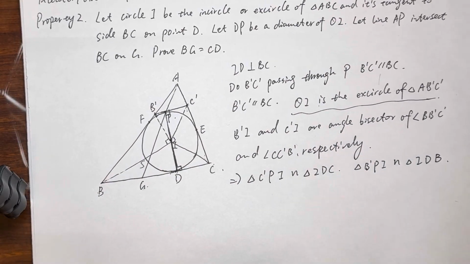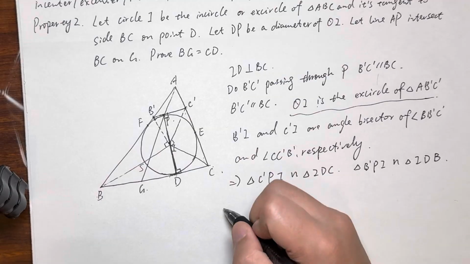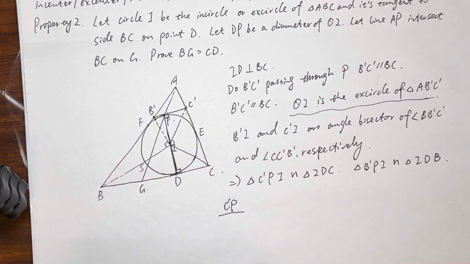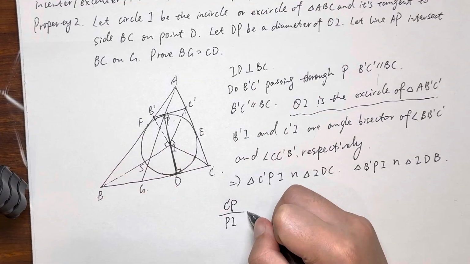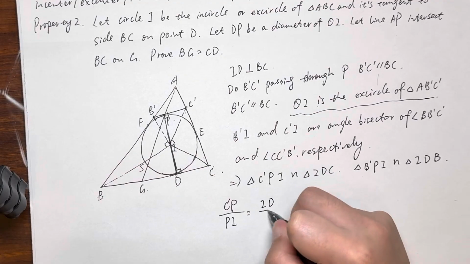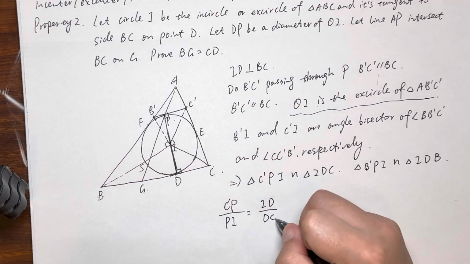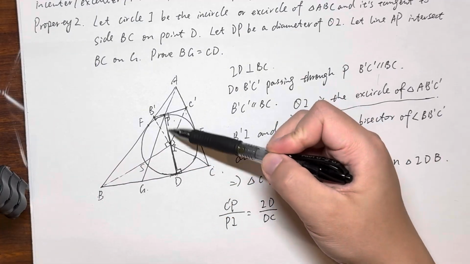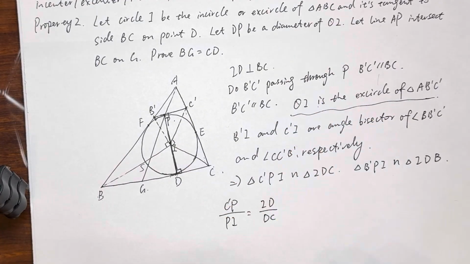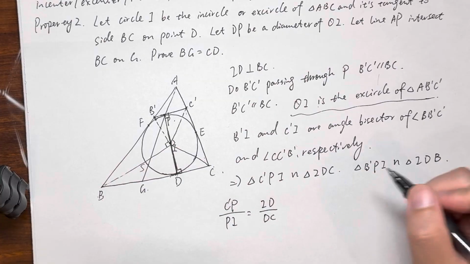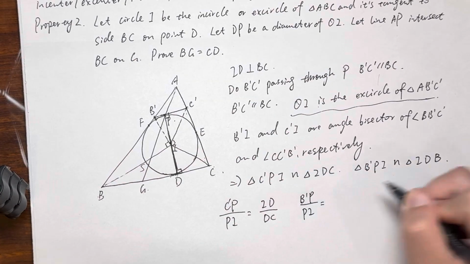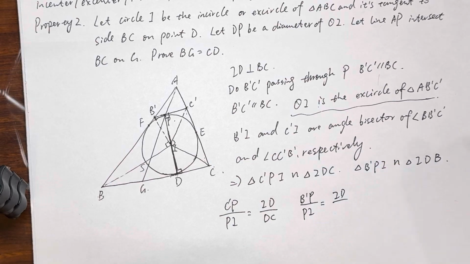Now, based on these, we can get C prime P to PI equals ID to DC. Also for here, we have B prime P to PI equals ID to DB.